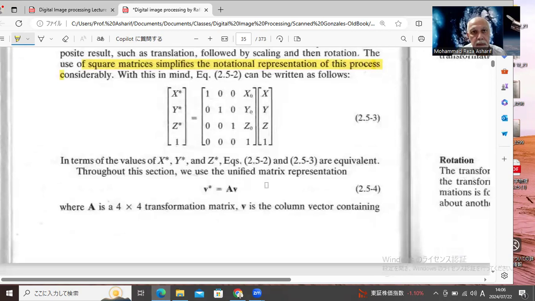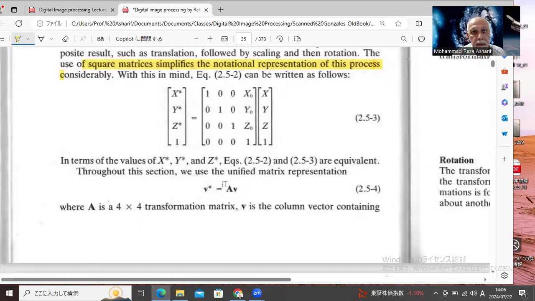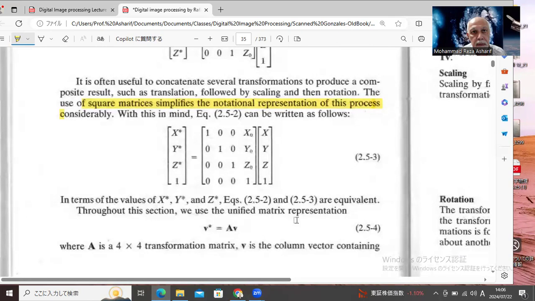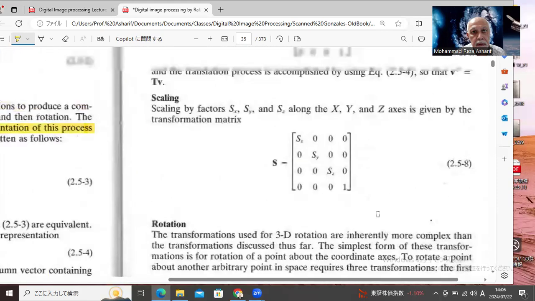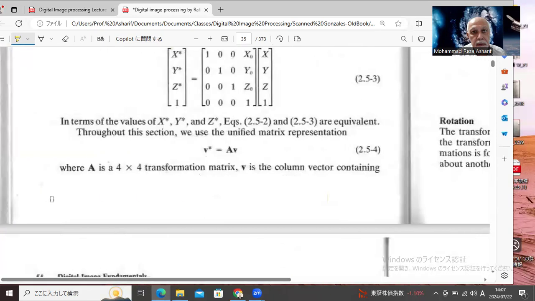If you have an object with several points, then you can say that V star is equal to A V, where A is this matrix, and V and V star hold many points of an object.